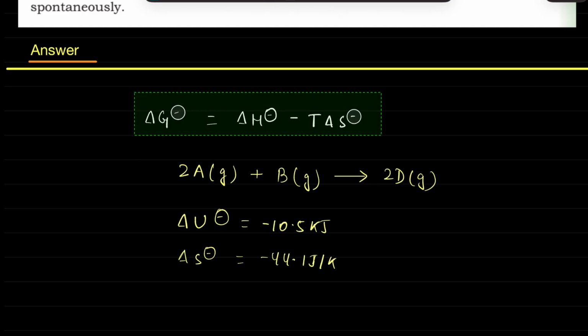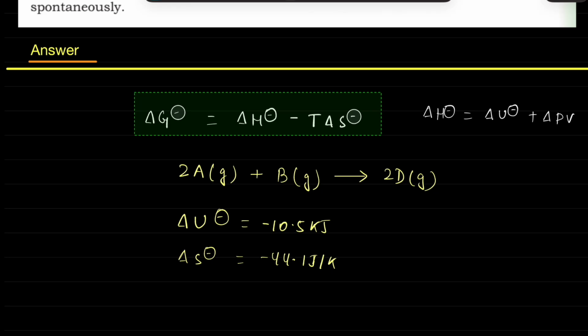And how will we find the change in enthalpy? To find it, we are going to use another formula. Delta H standard is equal to delta U standard plus delta (PV).